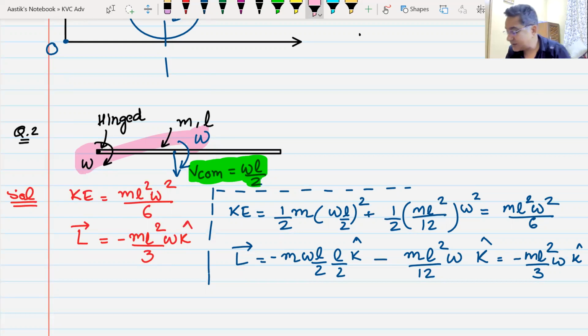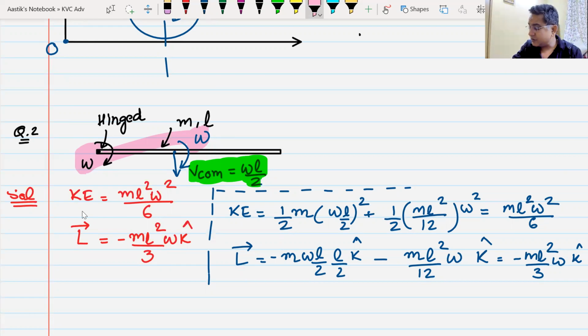So that is the concept that we must remember, that whenever we are converting this plane motion into pure rotation motion, the angular velocity about that axis of rotation will be the same as the angular velocity with which that body is actually rotating about its center of mass. Do we understand this?